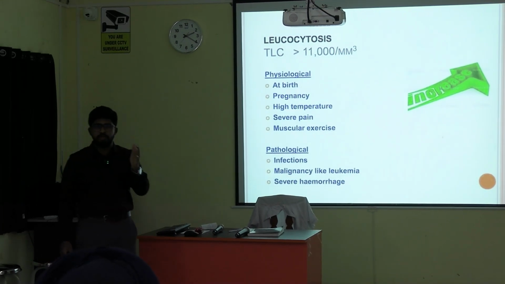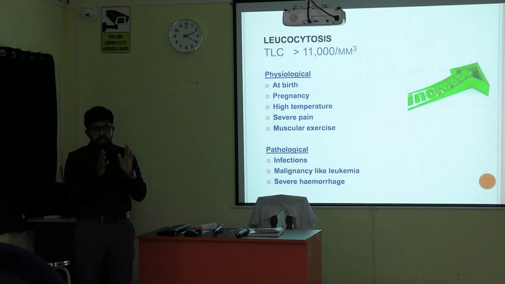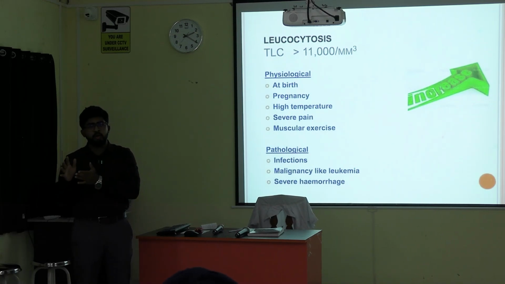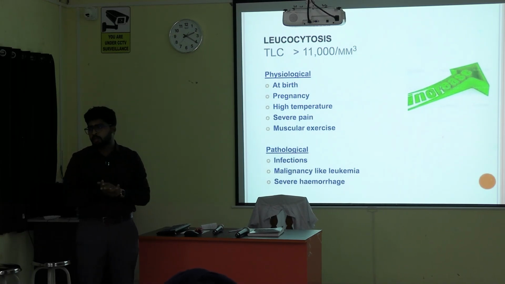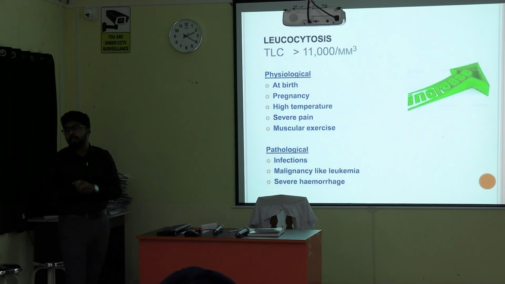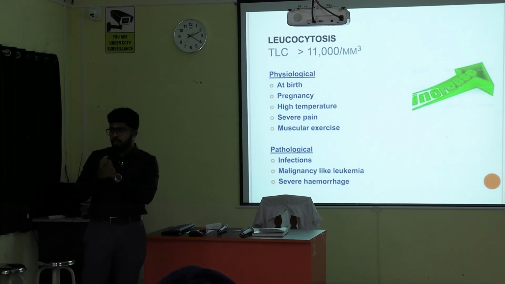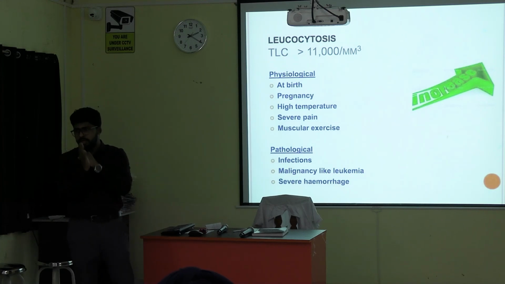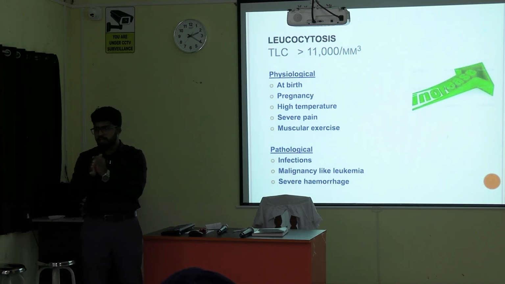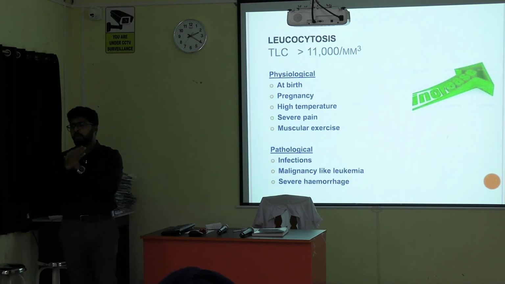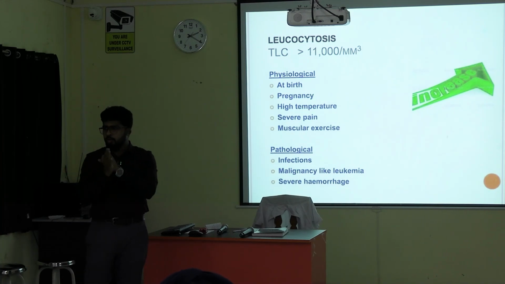Now this leukocytosis basically happens not just due to some pathological cause but also in physiological cases. For example, in case of exercise, what happens in exercise? You tend to do more work than what you do in a resting state or in a daily state, isn't it? Now when you do more work, there is increased production of adrenaline in your body.